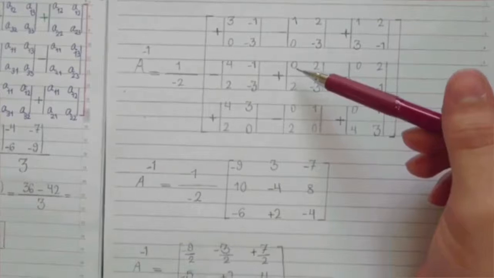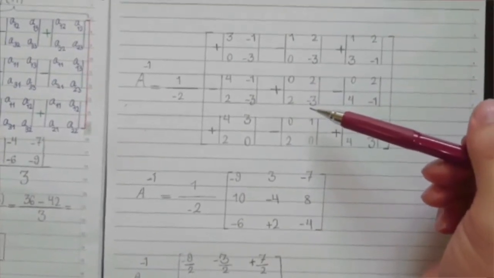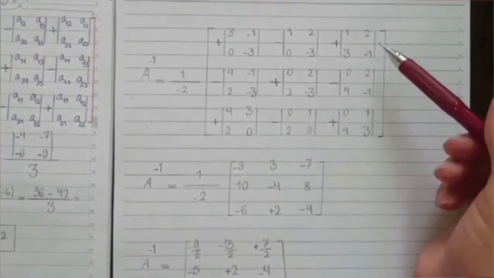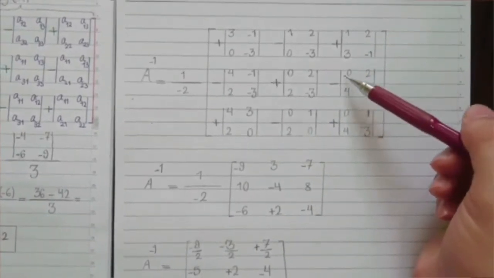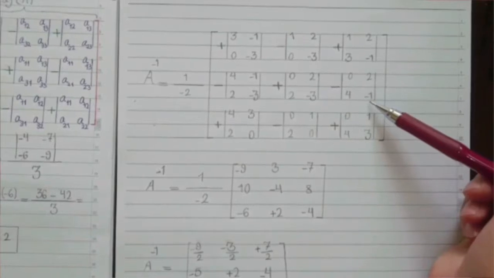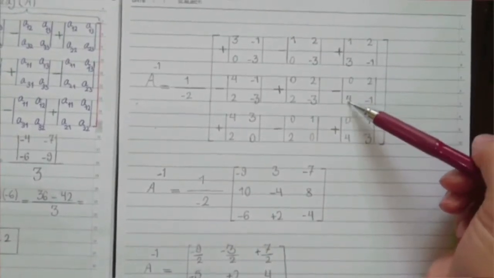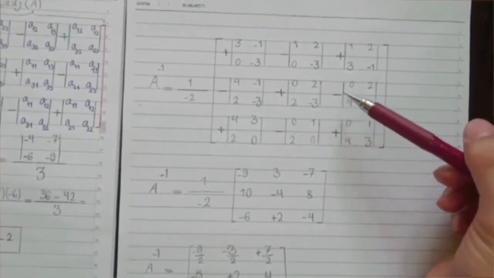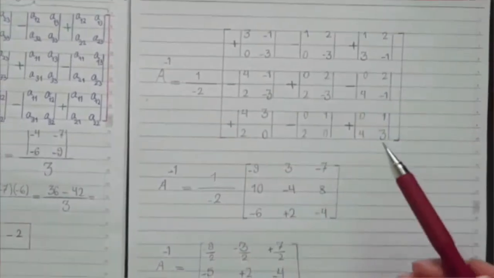And here we have 0 times negative 3 minus 2 times 2, which is going to be negative 4. And here 0 times negative 1, which is 0, minus negative 8. And we have another negative here, so negative 8 is going to be 8.